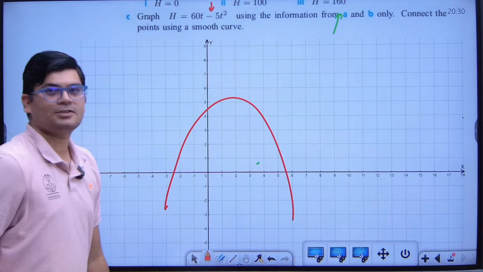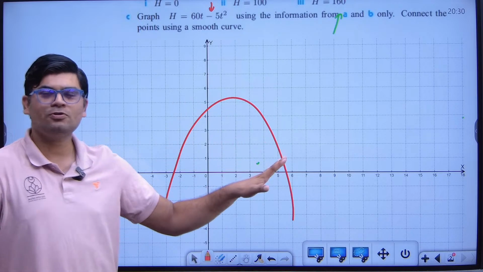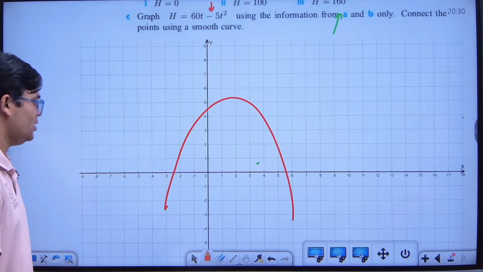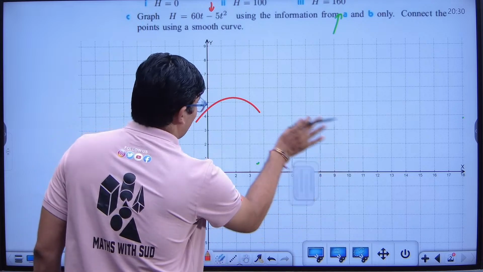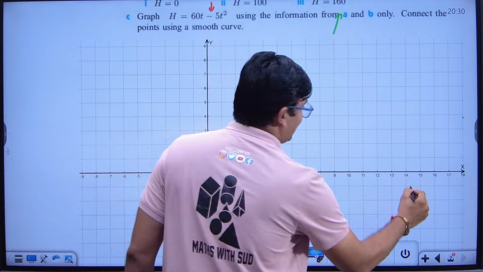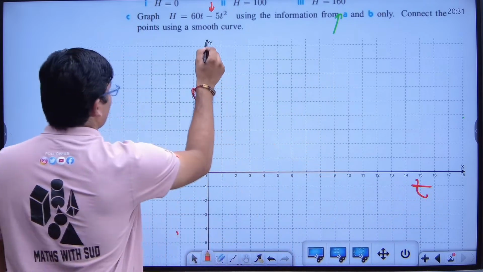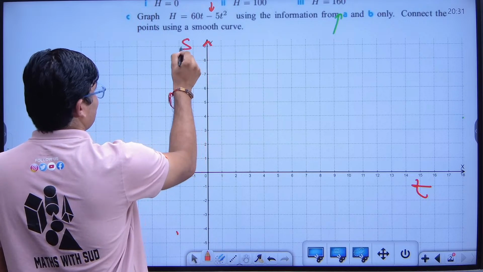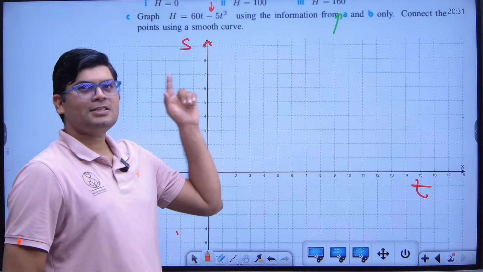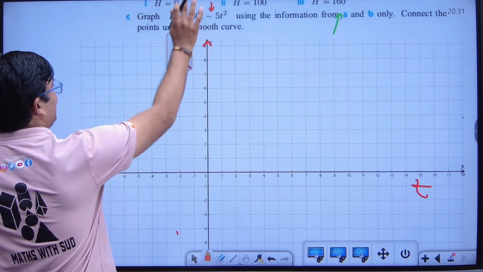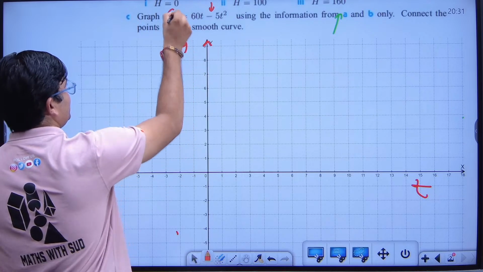It will look like this. At least this should come into your mind. Can you tell me all the values of t versus h? Here I will mark t, time, and here h, because in the question it is given as h.